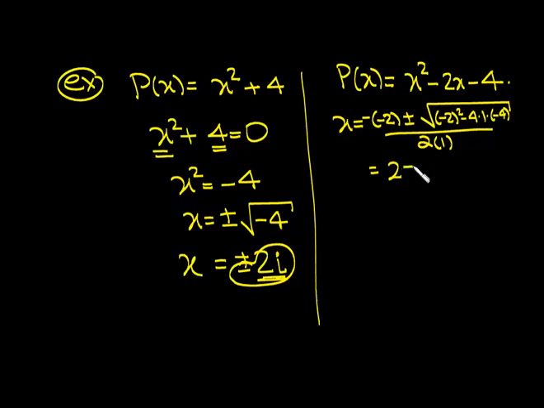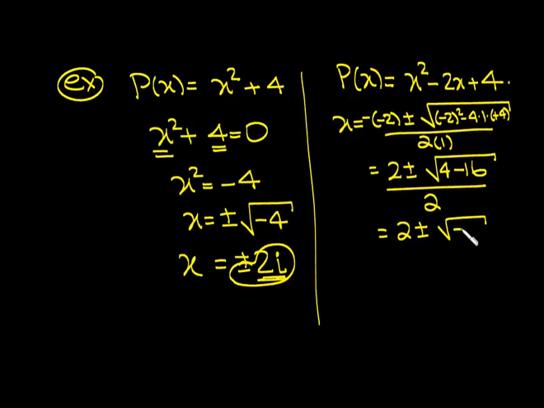So we get 2 plus or minus the square root of negative 2 squared, which is 4, and this I wanted to be positive, so we get negative 16 over 2. So we get 2 plus or minus the square root of negative 12 over 2.